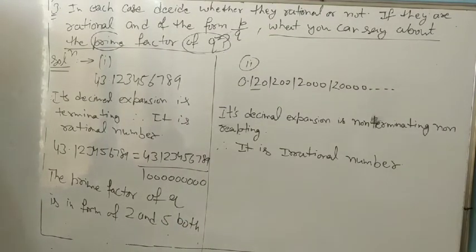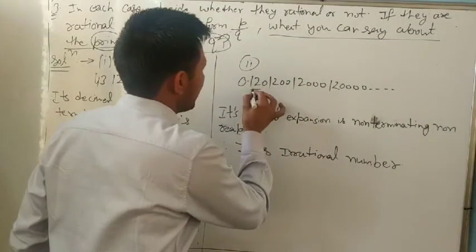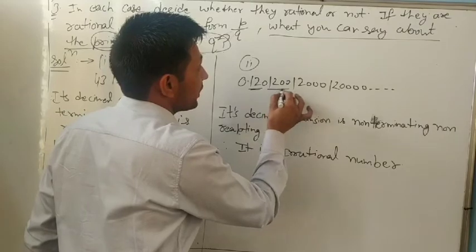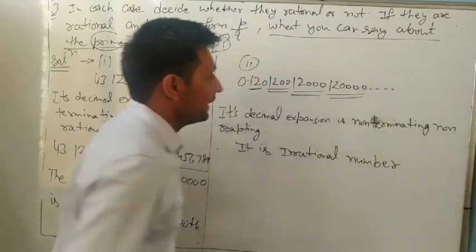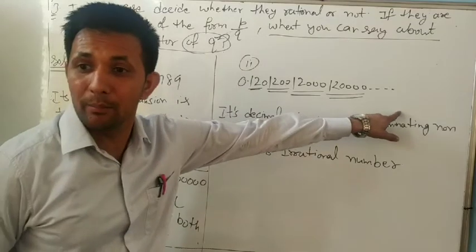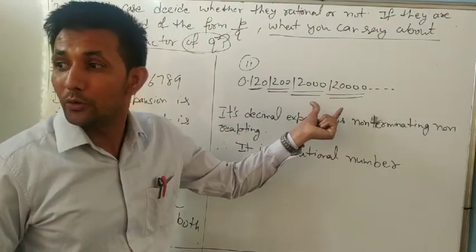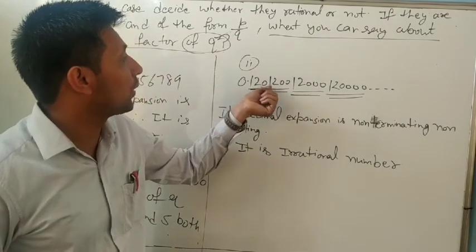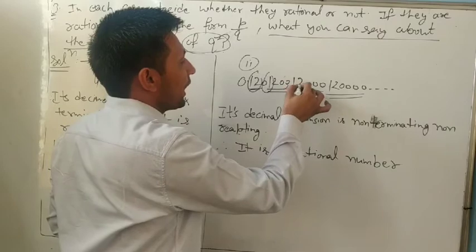Now the B part: 0.1 2 0, 1 2 0, 1 double 0, 1 2 triple 0, 1 2. It is non-terminating because the dots are given. Next, is it repeating also? No, because 1 2 0, 1 2 0 0, 1 2 0 0 0 keeps changing.